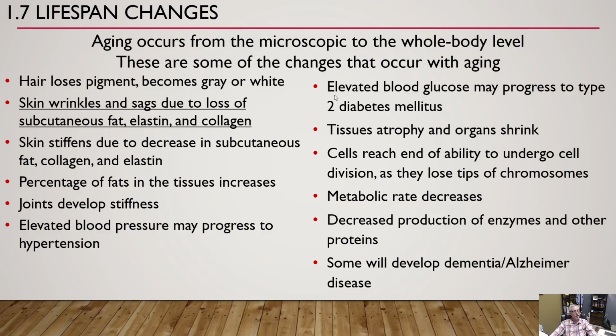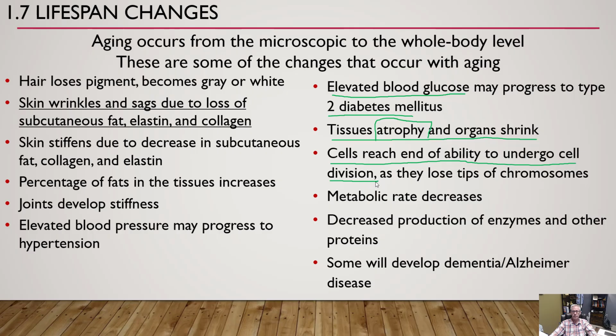We have elevated blood glucose levels. We might develop type 2 diabetes. Our tissues and organs shrink. They atrophy. Atrophy is just another word for kind of waste away. Cells reach the end of their ability to undergo cell division.